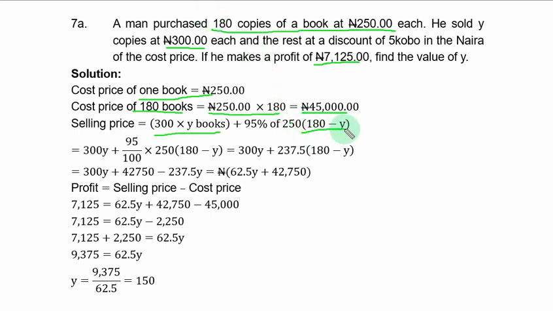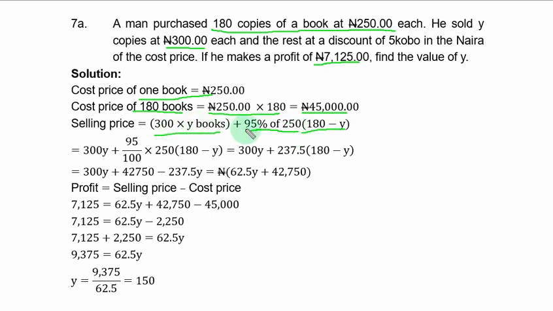But he sold the rest at a discount of 5 kobo in the naira of the cost price. So the remaining is 95% after removing 5 kobo in the naira. So you have 95% of the cost price, 250, times the remaining copies.